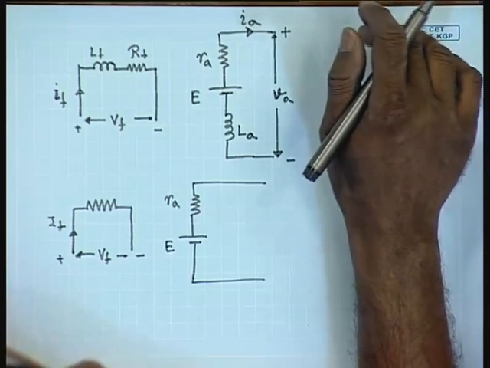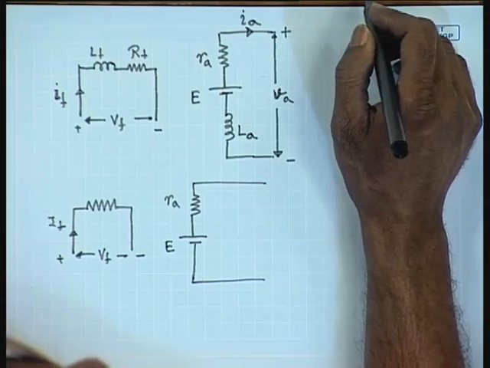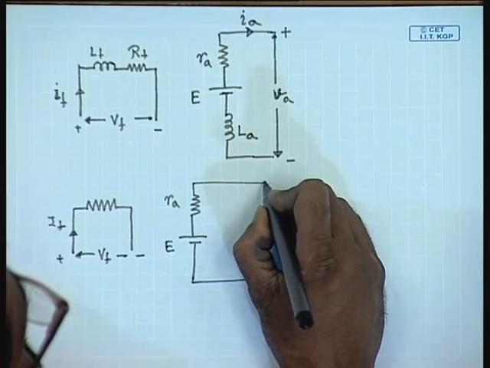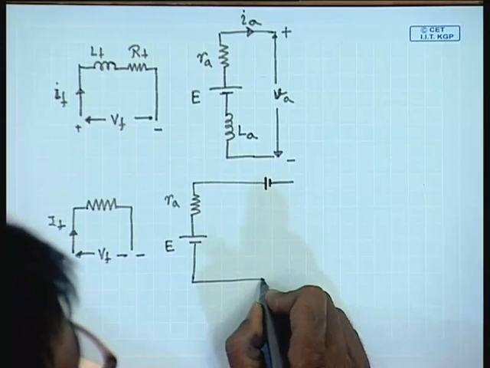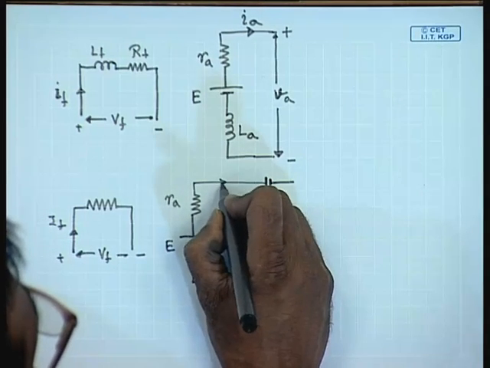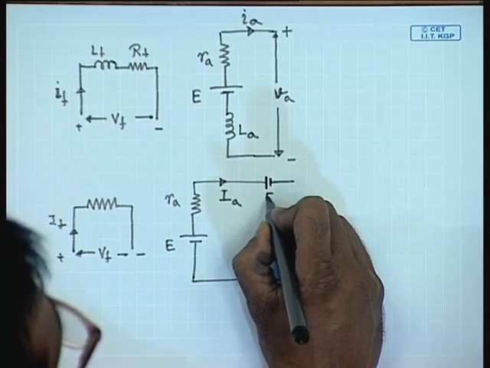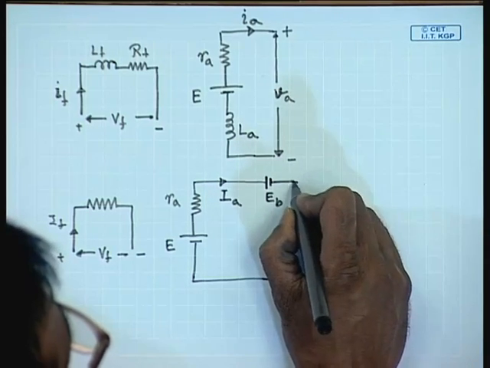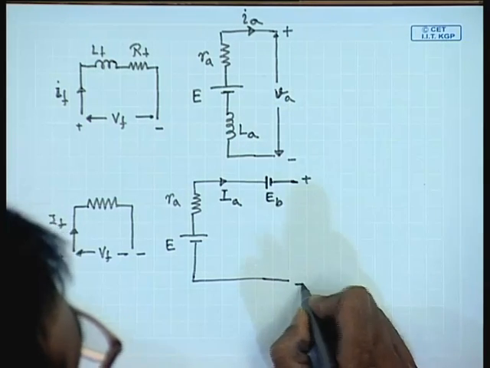There are different ways of doing it. It can be modeled as a resistance, but more often than not the drop across the brush is more or less constant. Therefore, it is reasonable to assume the total brush drop as another voltage of fixed magnitude, which is independent of all other machine parameters or variables like armature current or rotational speed. This is called the brush contact drop, normally about 2 volts, and this is the terminal voltage Vt.